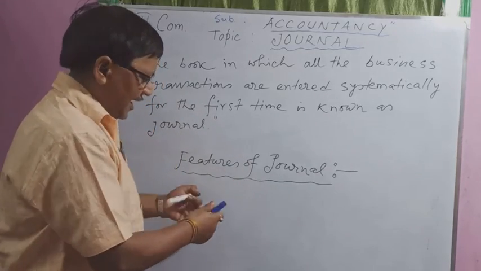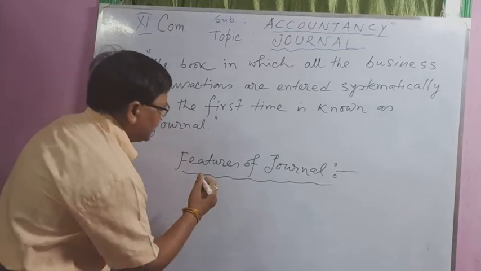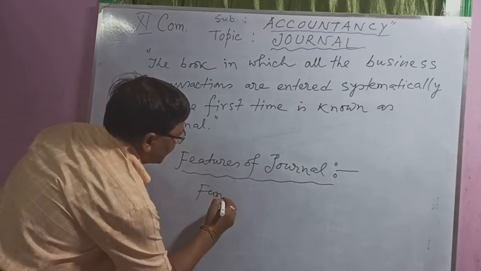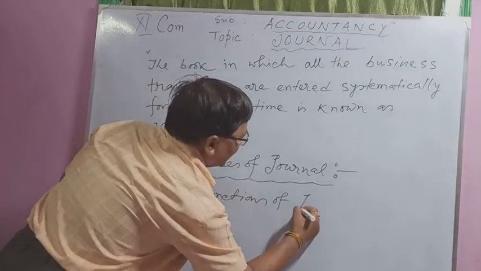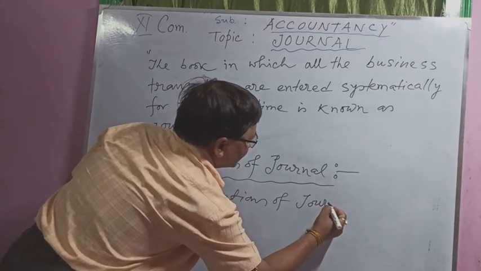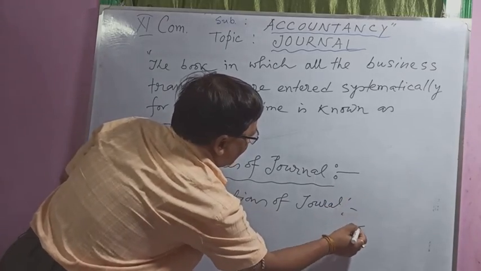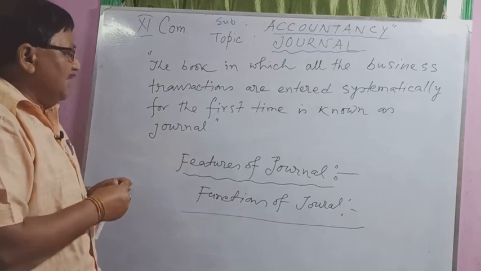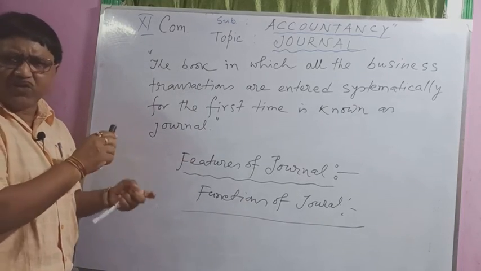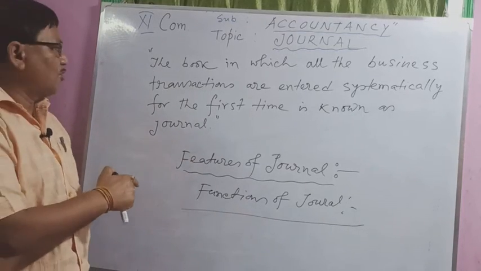Now let us discuss the functions of journal. The main functions of journal are as follows. First, transactions are recorded date-wise or in chronological order.